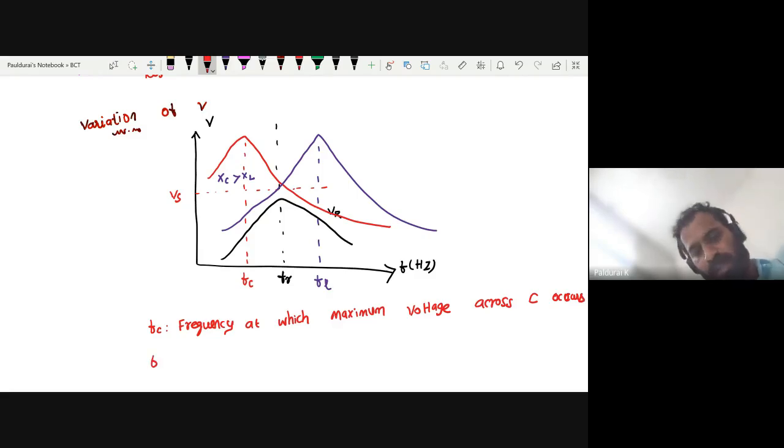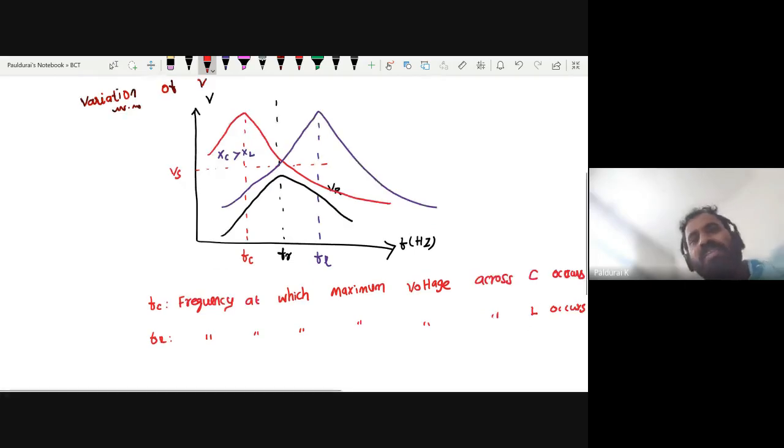Similarly FL, this is not lower frequency. Here L stands for inductor. So it is the frequency at which maximum voltage across L occurs, or voltage drop occurs across L. In any way you can write it.